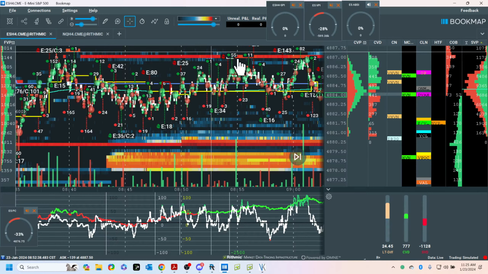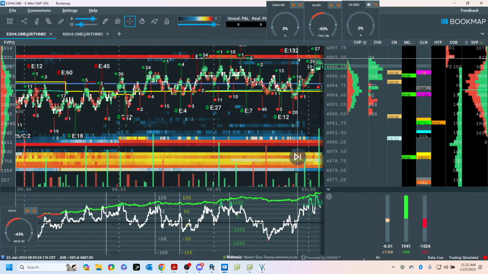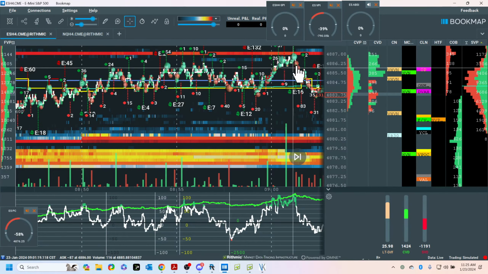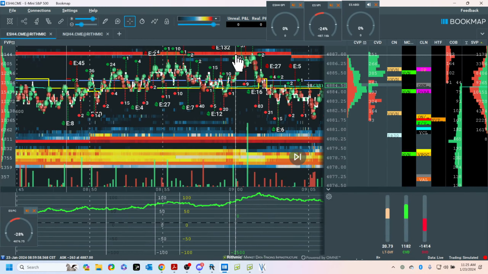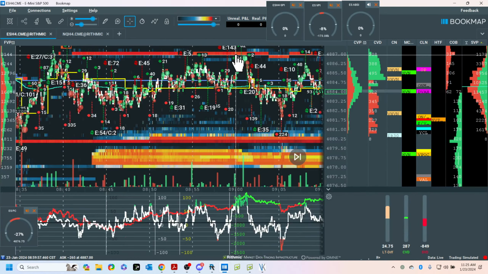Into liquidity, selling. This is too high. Variable high volume node. We break under it. Potential short against this, and your stop needs to be above here. There's the test of the volume up here, also a potential entry, alignment, high volume area.